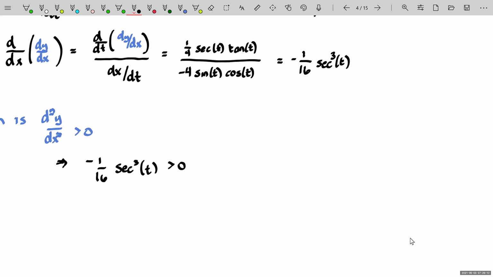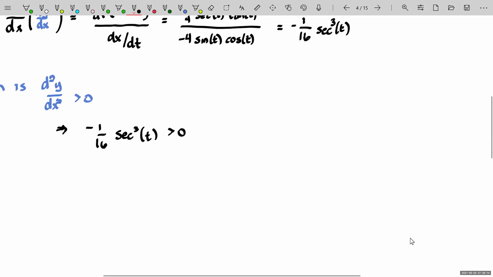Multiply both sides by -16, and you'll get secant cubed of t is going to be less than 0. Multiplying both sides by 16 won't flip the sign until you multiply both sides by a negative. That flips the sign. Obviously, 0 times anything is still 0.